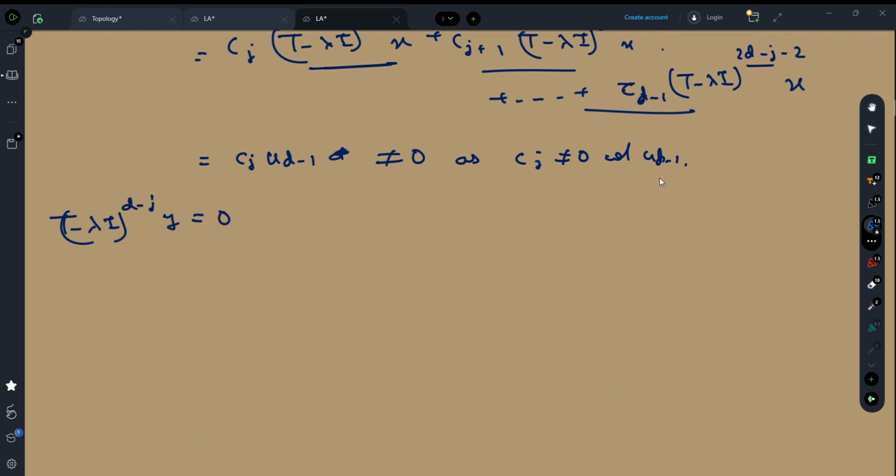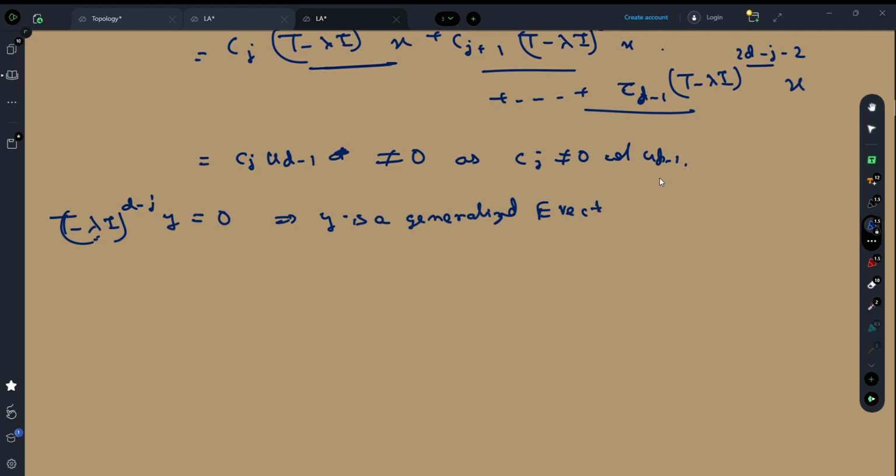So therefore d minus j is an integer. j is obviously less than or equal to d minus 1. j is indeed less than d. Therefore d minus j is a positive integer. So there exists a smallest positive integer such that (T minus lambda I) to the power d minus j of y is 0. So that immediately means y is a generalized eigenvector, and lambda is obviously the eigenvalue which we started working with.